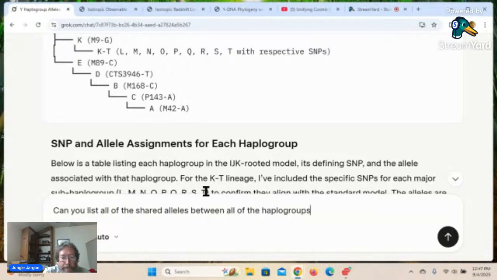Okay. So, I guess we'll just focus only on the shared alleles, or I guess we could put in the unique ones too. Shouldn't be too hard.